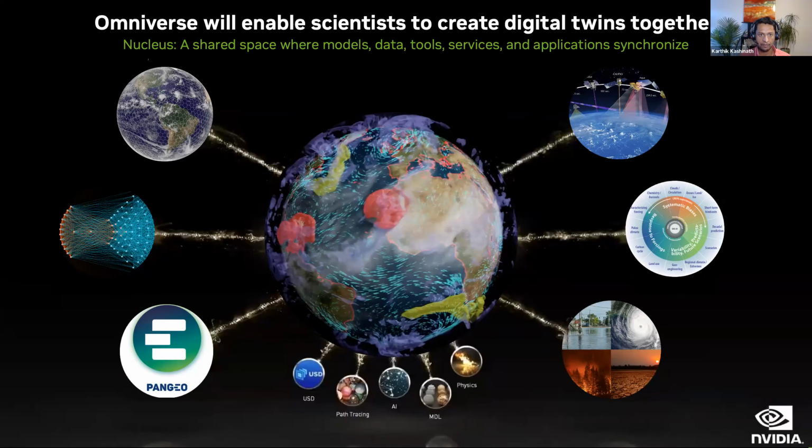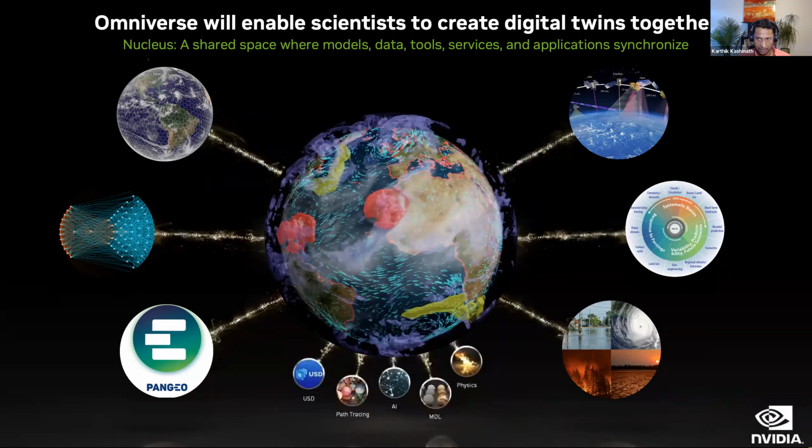So we're adapting it for Earth system science applications. The basic idea is that there is a central shared space where models, data, tools, services, and applications can synchronize. And the key thing is to provide low latency, so to be able to move data or have data be essentially simulated on the fly using machine learning.